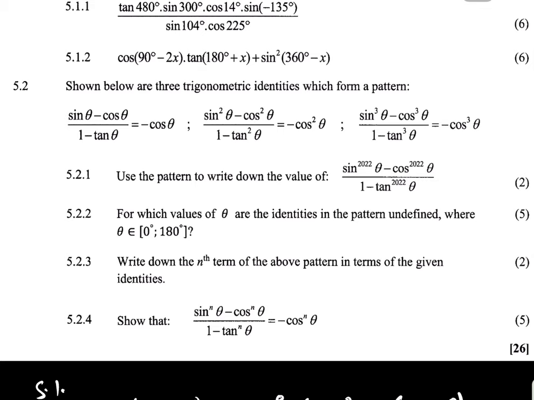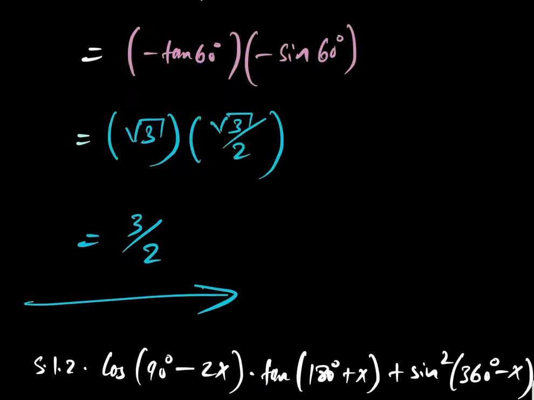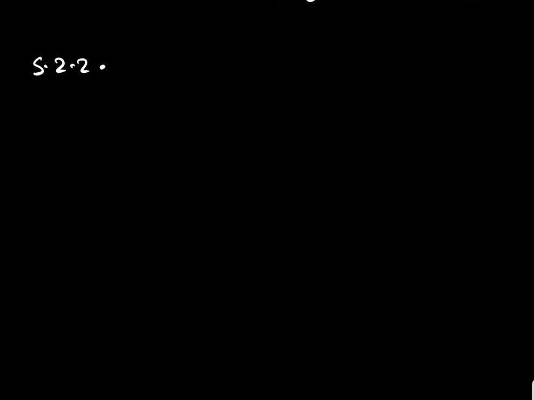Mark that. So I'm going to copy this. They are saying for which values of theta are the identities in the pattern invalid or undefined or not true. So let me copy them down for you.